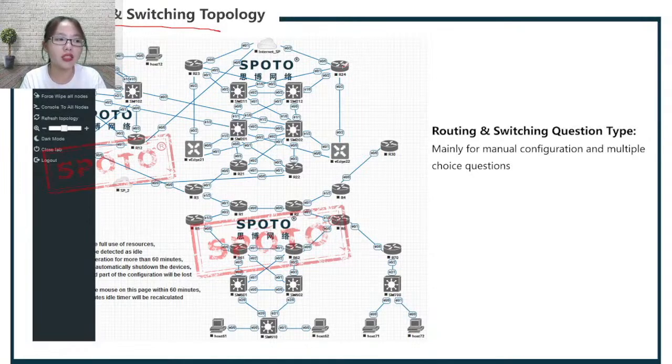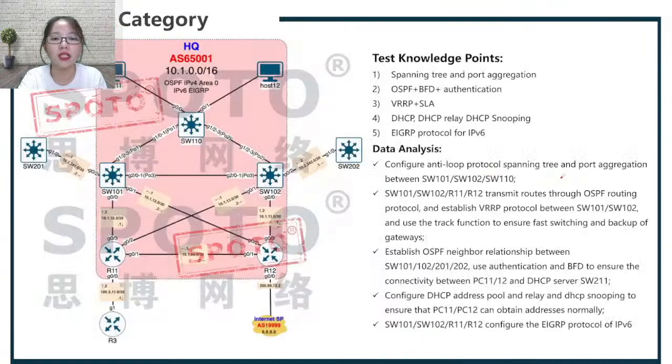So, routing and switching mainly assess candidates through hands-on configuration and multiple choice questions. Next, we will detail the data analysis of the relevant part of the routing and switching and the technical points used.